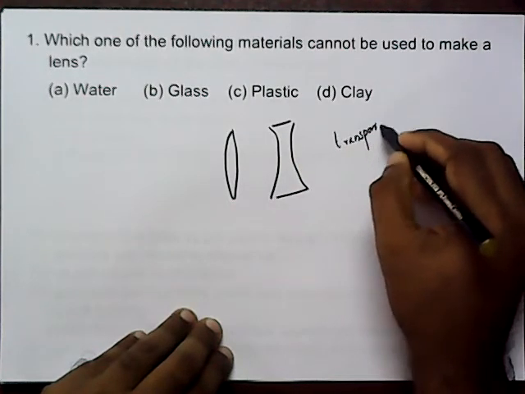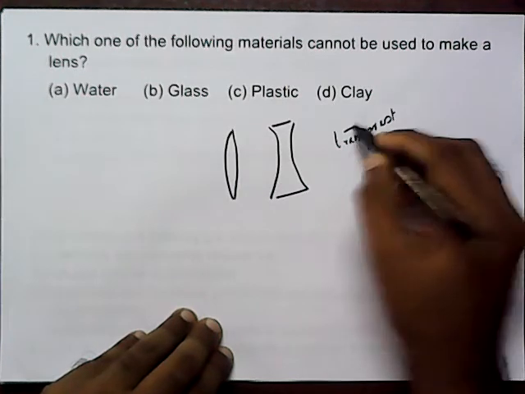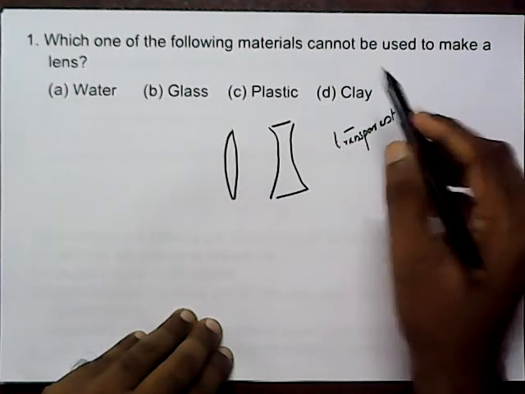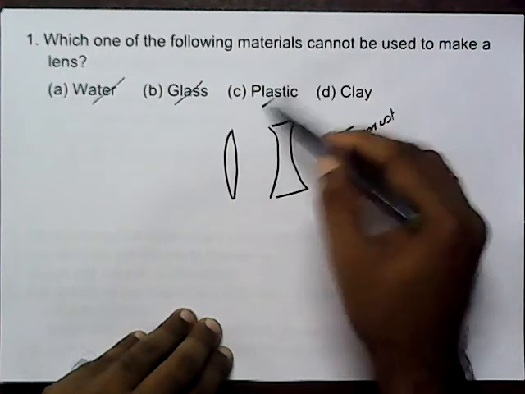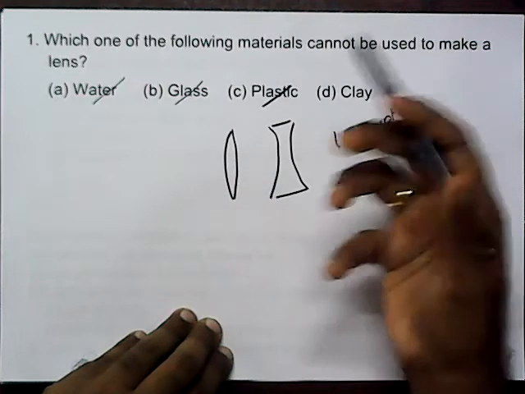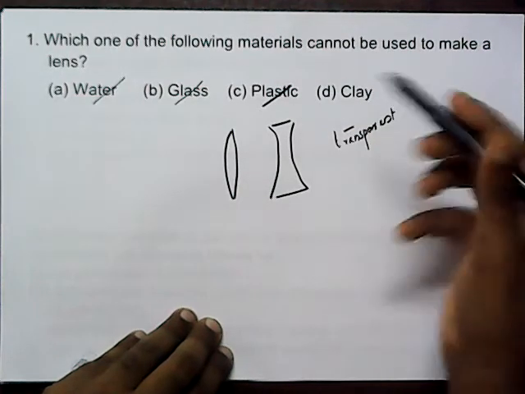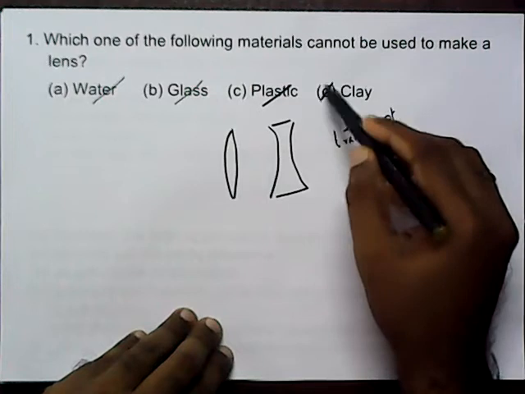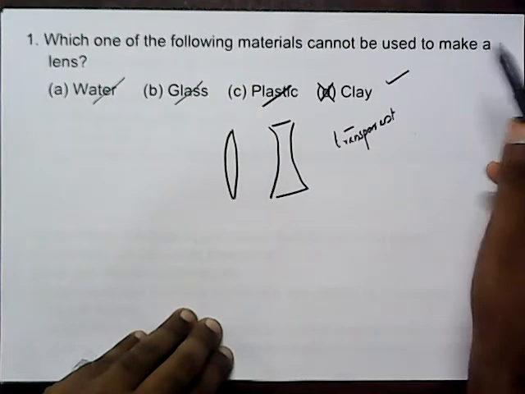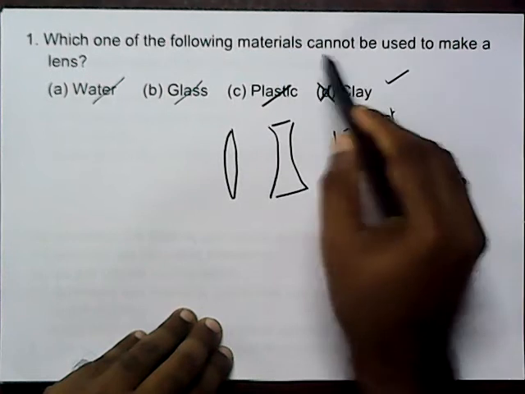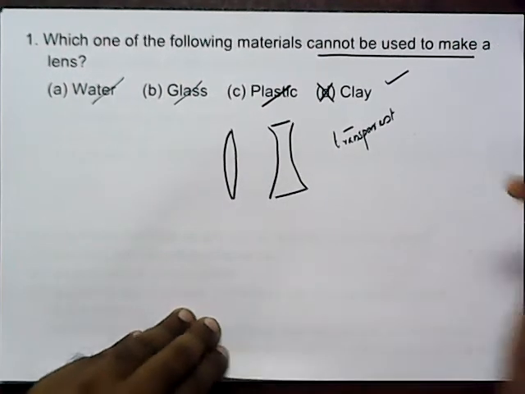That is a very important concept. With respect to this question, the water, glass, the plastic bottles, we can say are transparent. So we can give the answer as the fourth choice, clay. Clay cannot be used as a lens.